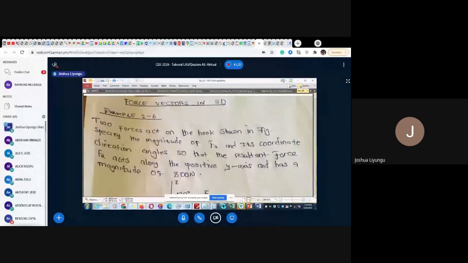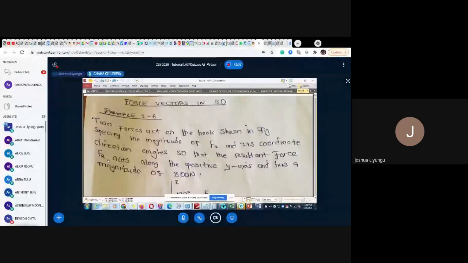First thing first, what do we have? You have been given the 800 Newton, and you have been told that our resultant force FR is going to act in the positive y-axis. So automatically I know the component in the x is 0.